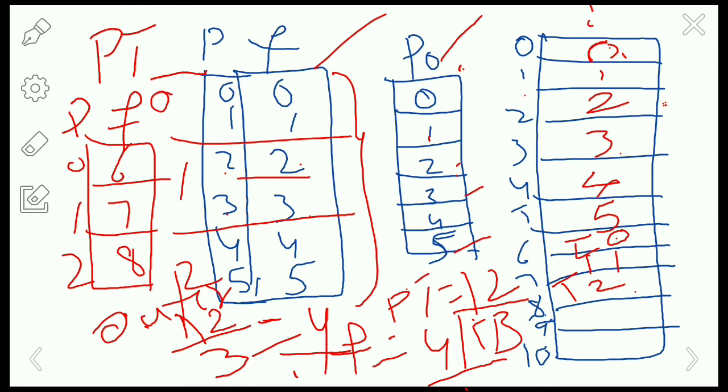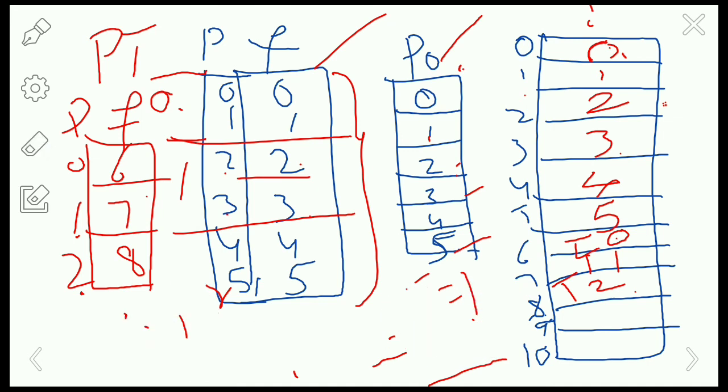Okay, so here the 0th page is in the 6th frame, right? And the first one is in the 7th frame and the second is in the 8th frame. Okay, now we have to again place the page table in the main memory, right? So we have to place the page table in the main memory, right?